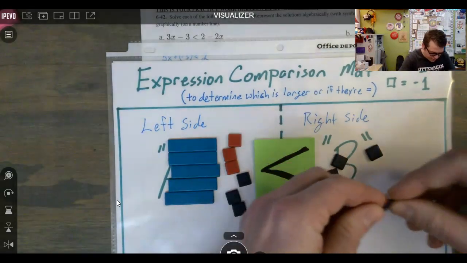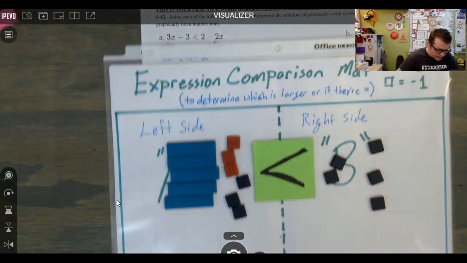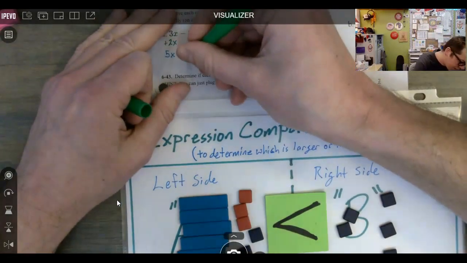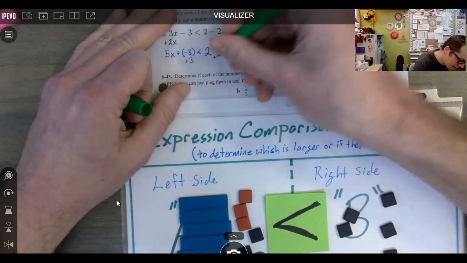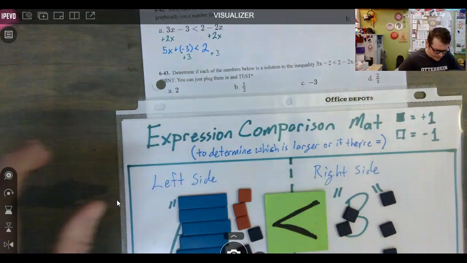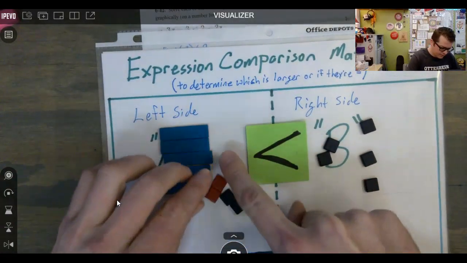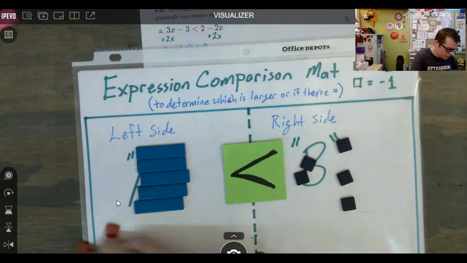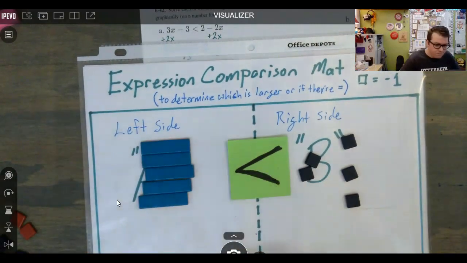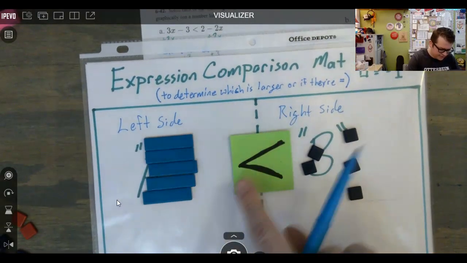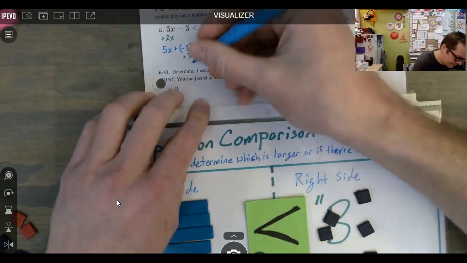So I bring in 3 more positives over here, and I write that work out plus 3 plus 3. And now we get, well, these will cancel, all 3 with all 3. Goodbye. And now we have 5x is less than 5.